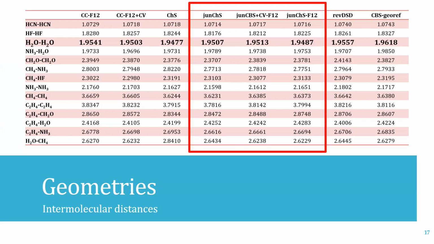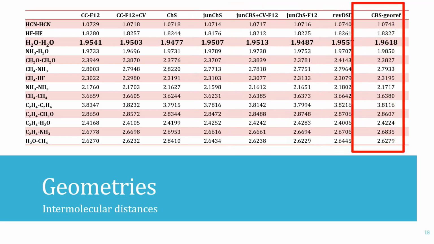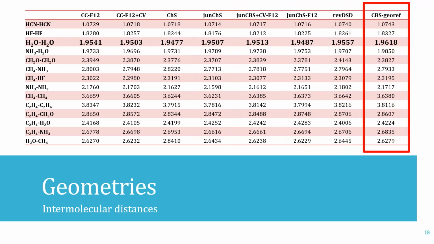And in this case, we can see that the schemes based on the CBS plus F12, or CBS, or June cheap F12, without an F12 method or with the classical standard methodology, have very similar performances, and they are systematically shorter than the reference one.